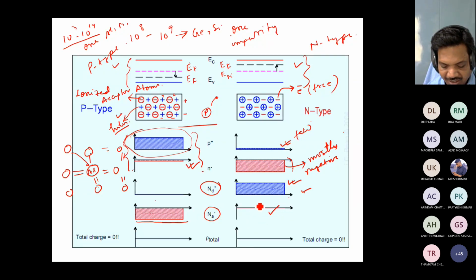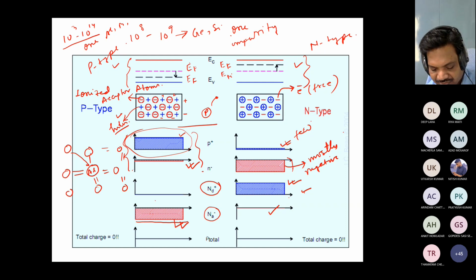And another interesting point to note here: in the p-type semiconductor, the total area of holes is equal to the total area of the negatively ionized acceptor atoms. So what does it indicate from here?